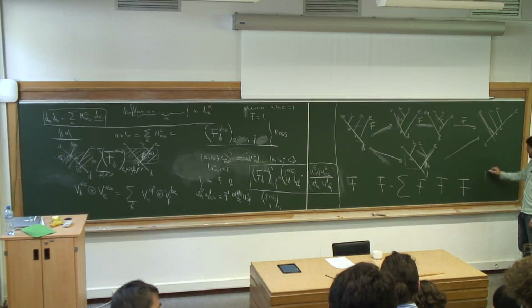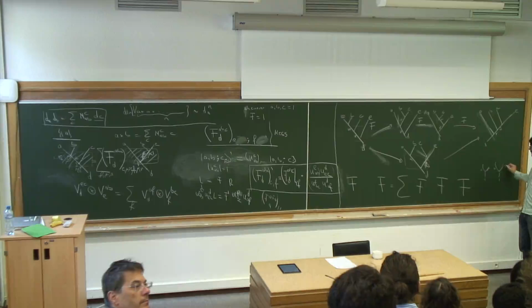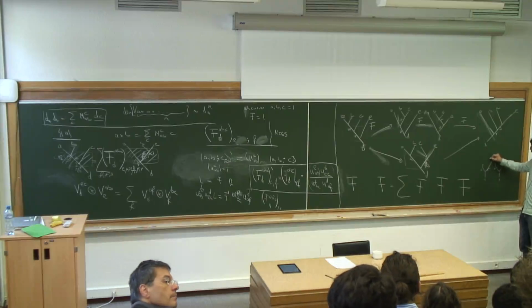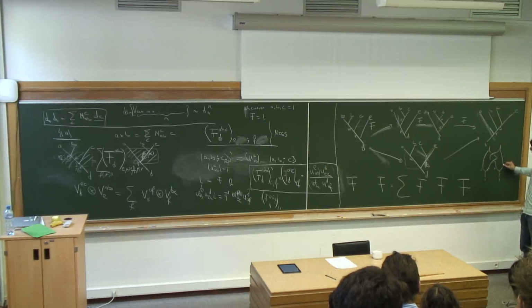If I create 2 Majoranas, sigma, sigma, then braid them, then annihilate them back, like this, we'll show that the amplitude of the process 1, 1 goes into 1, 1 is 0.